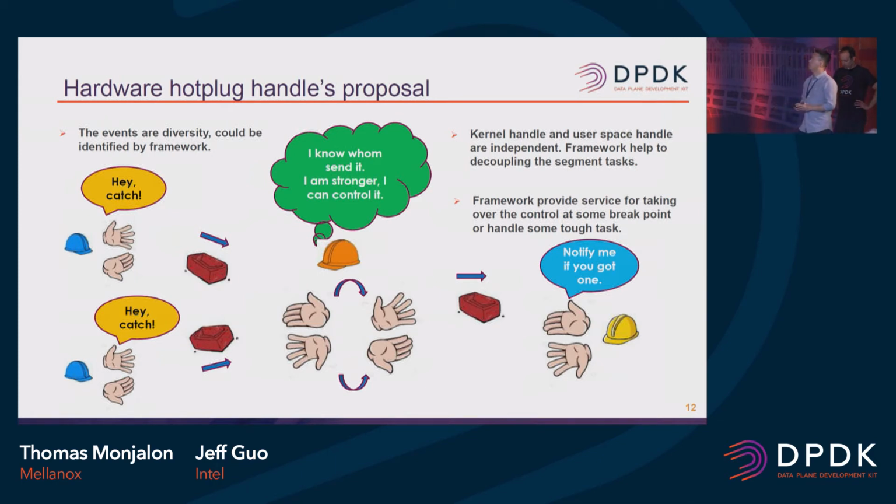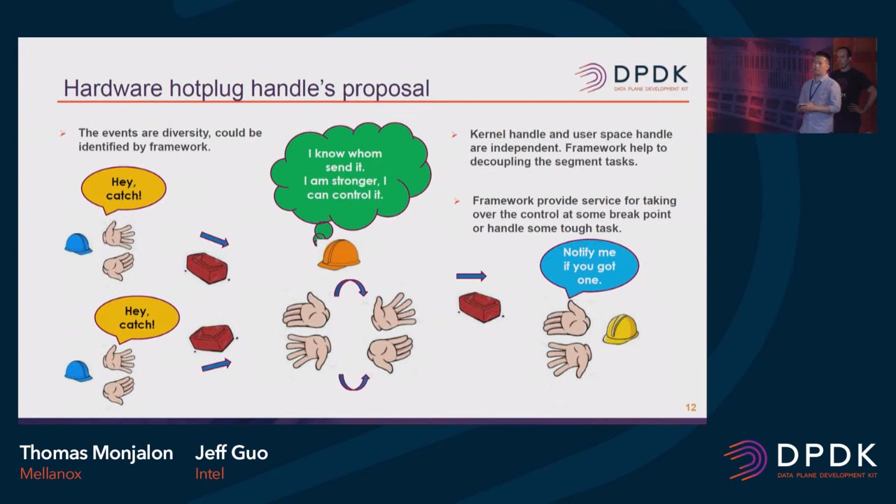And secondly, you know, the kernel processes hotplug and then invokes user space to process the hotplug. So these two tasks are independent. So the framework can help to decouple these segmented tasks, such as in this picture, the bricks are delivered from one stage to the other stage.